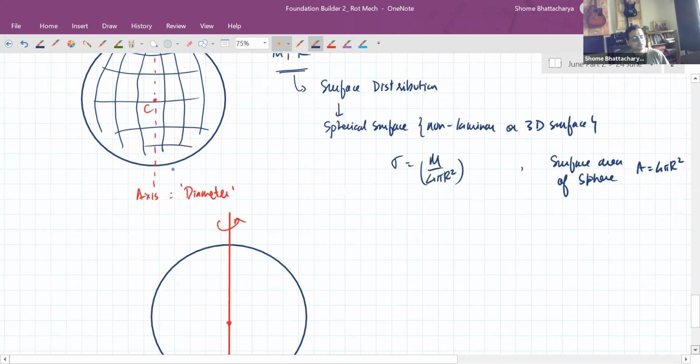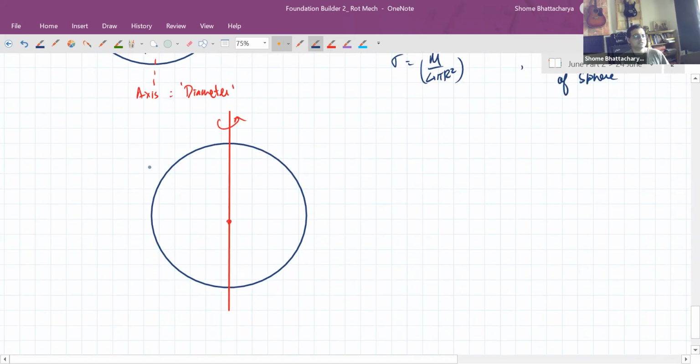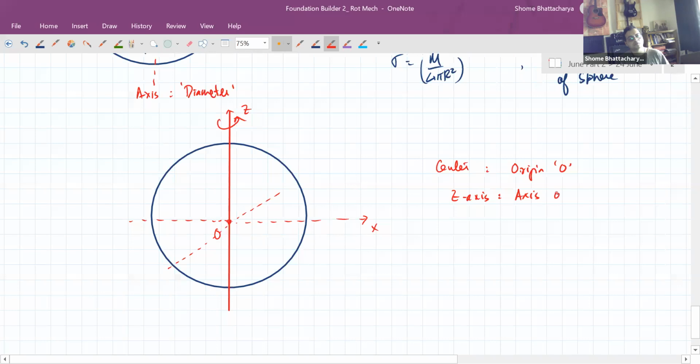So we will slice using a plane which is parallel to the axis. So let's imagine this is our z axis. So let's take the origin of our system of coordinates as the center of the sphere. So the center is at the origin O, and the z axis is the axis of rotation.